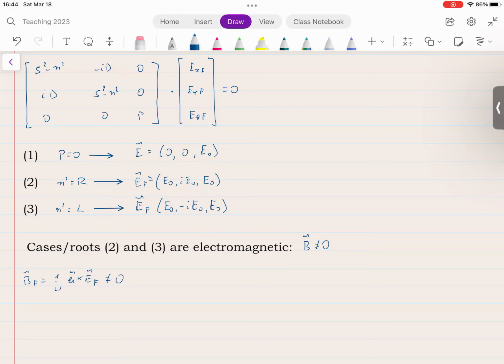K is in the Z direction. E has an X and Y component. Therefore, that cross product is non-zero.